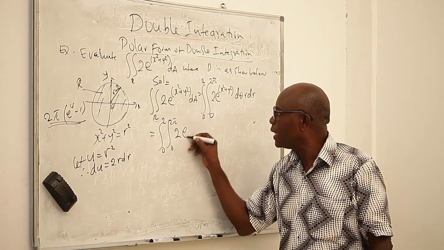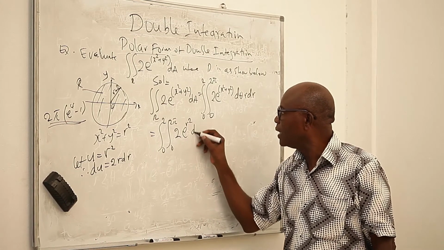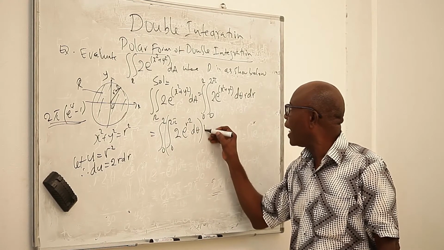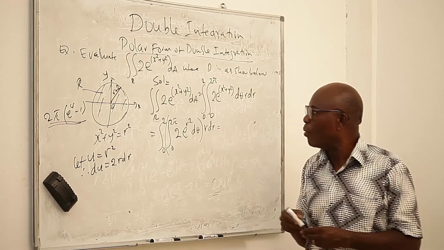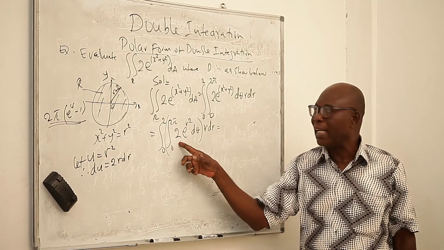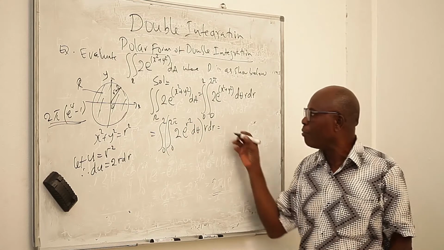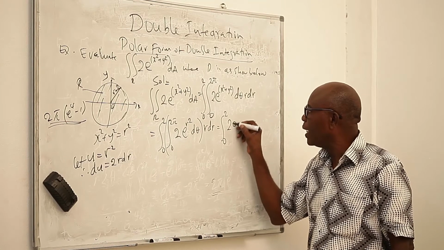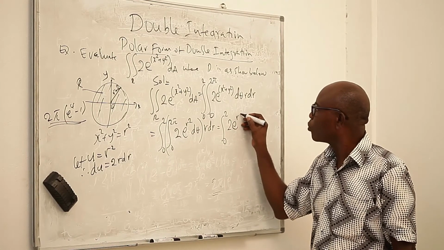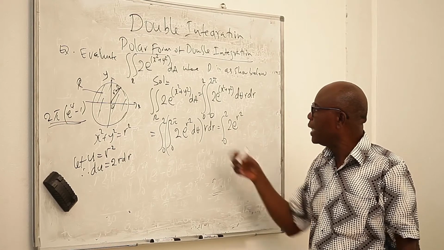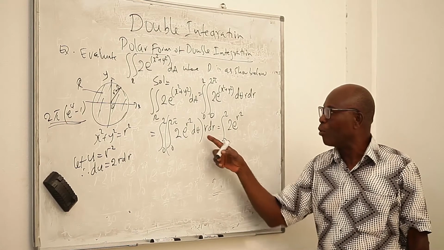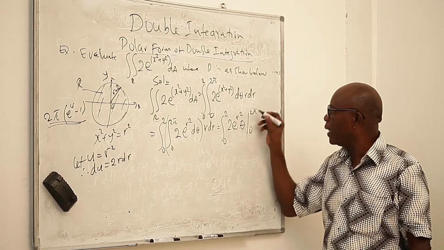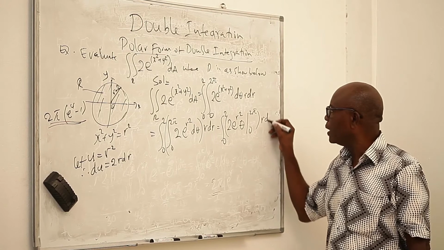So e^(r²) dθ will be the inner integral, r dr. Now, if you integrate this one with respect to theta, remember all this is constant. So we have the integral from 0 to 2 of 2e^(r²), and if you integrate with respect to theta, because it's a constant, this will become theta. The limits are 0 to 2π, and then we have r dr.